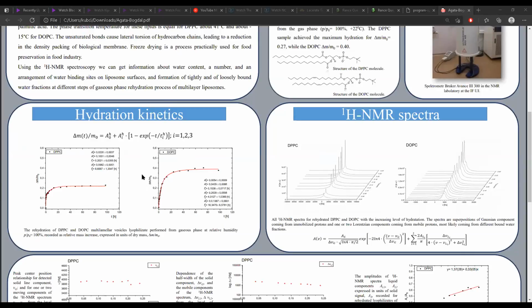The faster time means that this part of the water has a higher bonding energy to the surface of the sample molecules, and a bigger hydration time means lower energy and more loosely bound water.